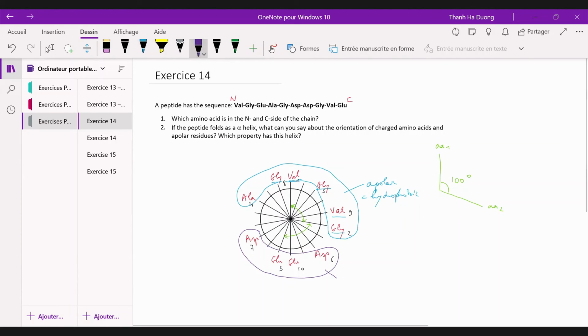In violet, it's polar. It's indeed charged, more than polar is charged amino acid. Do you remember how we call a molecule which has a part which is charged or polar and another part which is hydrophobic?